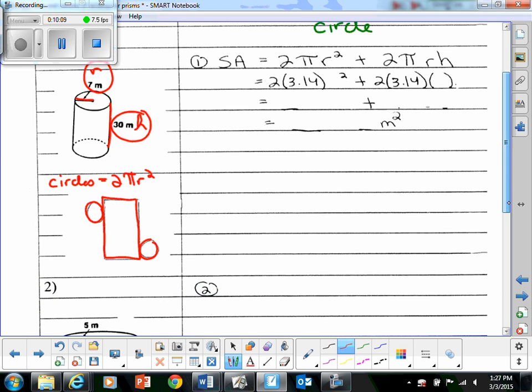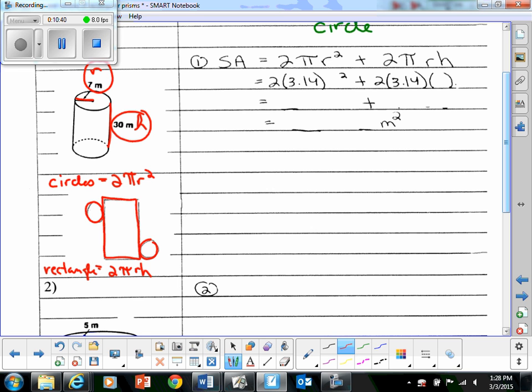And then the rectangle part of the cylinder is found with the formula 2 pi radius times height. Okay, and that's going to be really important when we're looking at word problems, because sometimes in a word problem they might just ask you to calculate the top and the bottom of this cylinder, or we might ask you to calculate the surface area of a label on a soup can.